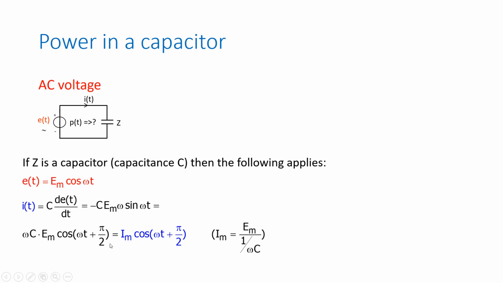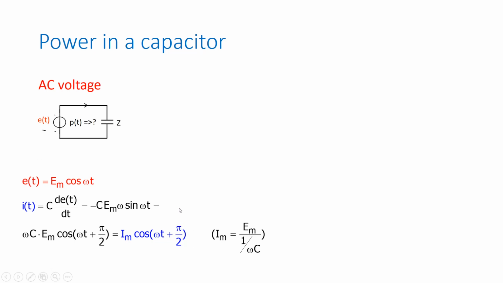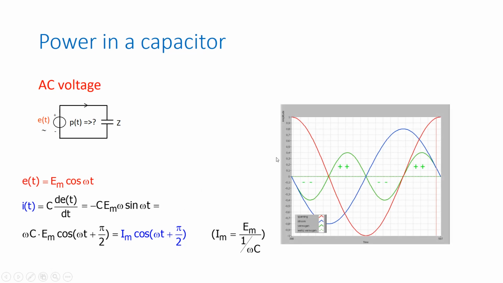So I is a current amplitude, which is equal to omega times C times Em times the cosine of omega times t plus pi over 2. Well, we can put this in a graph again to visualize current and voltage, and then we can look at the graphical expression of the power.